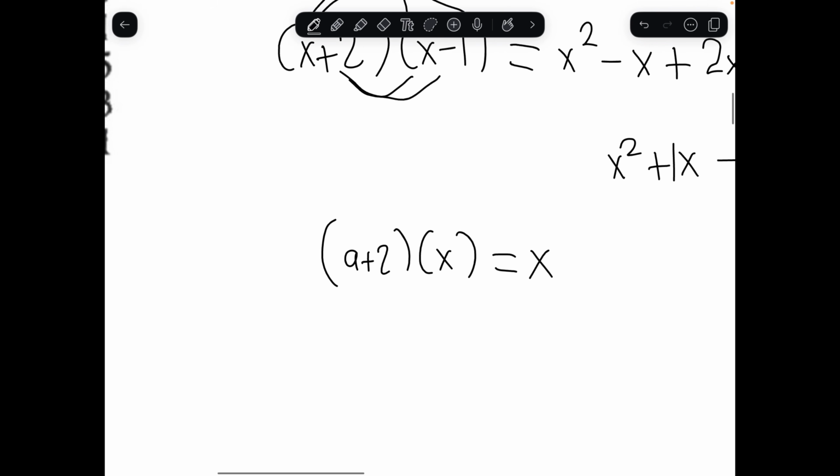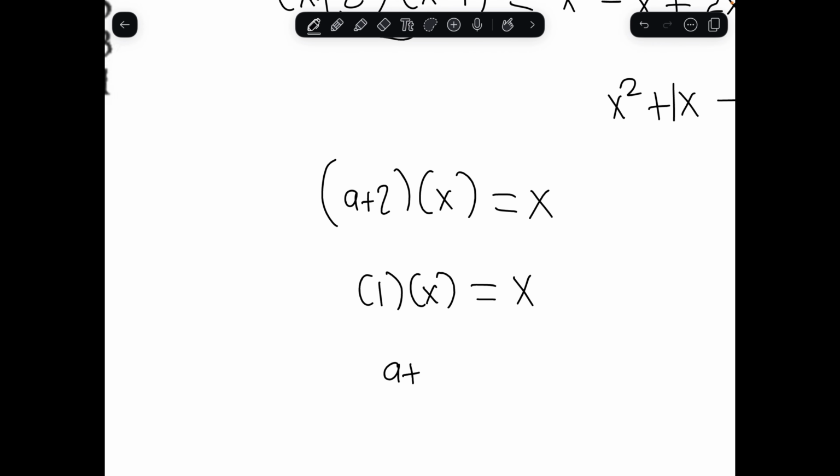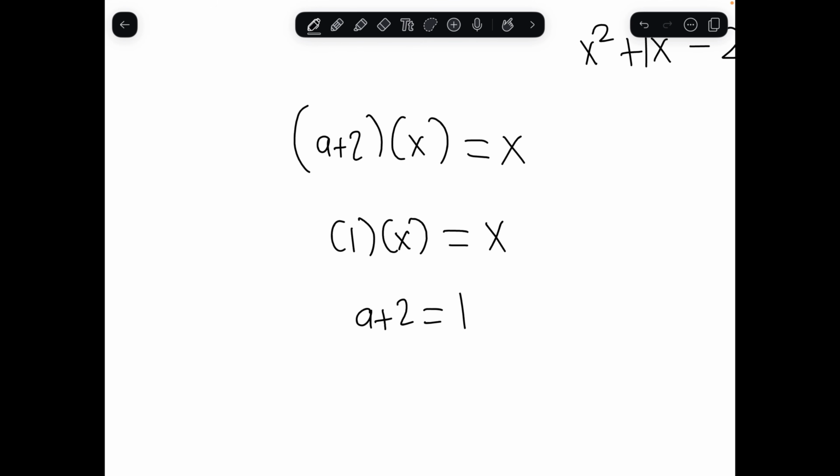This means a plus 2 has to equal 1. Since we want to match the equations, the coefficients have to be the same. So you set a plus 2 equal to 1. Now, if I solve for a, I get a equals negative 1.